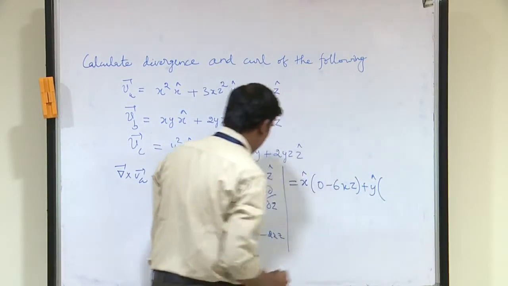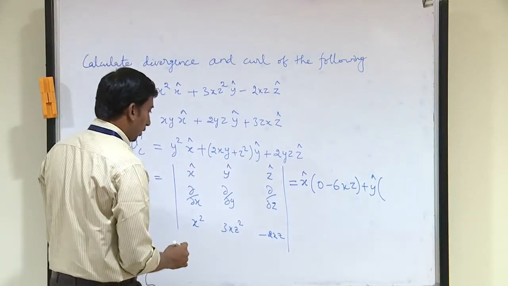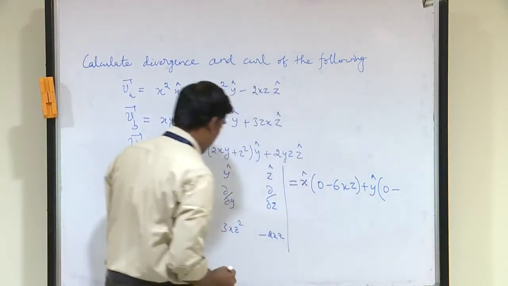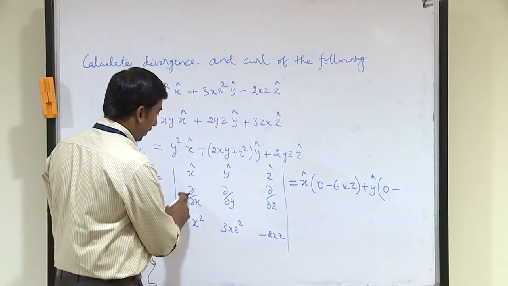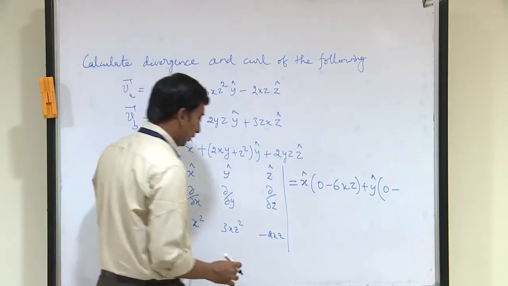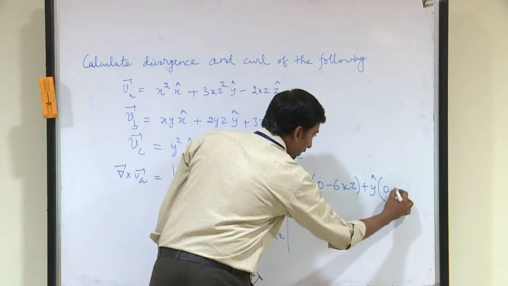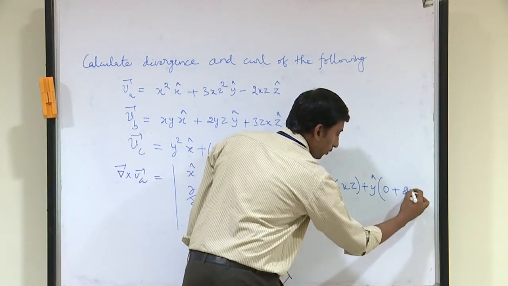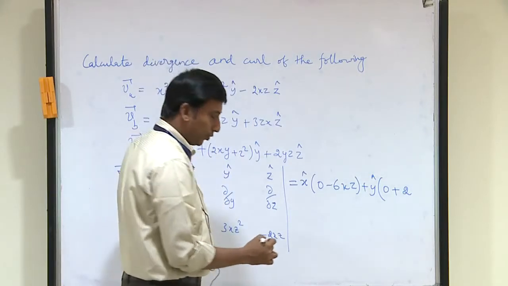Plus y cap into dou by dou z of x square, which is 0, minus dou by dou x of this. There is already a negative sign, so you get 2z. Do you get 2z? Correct.